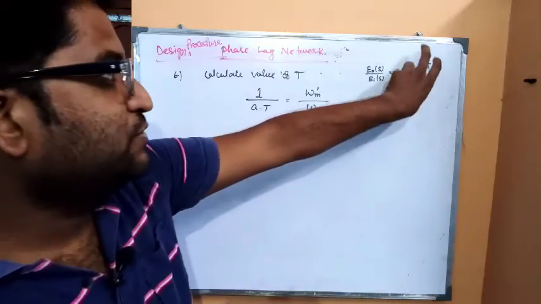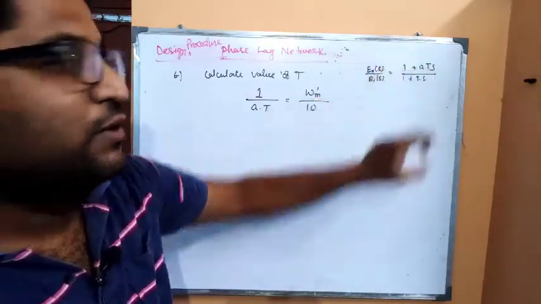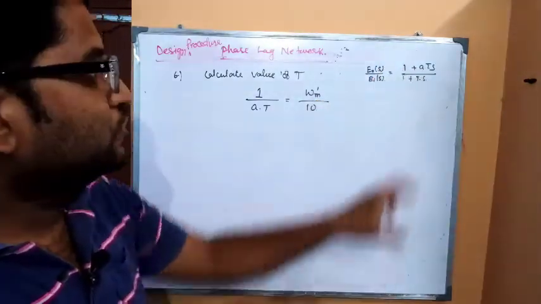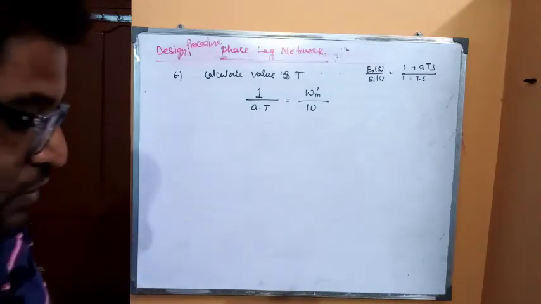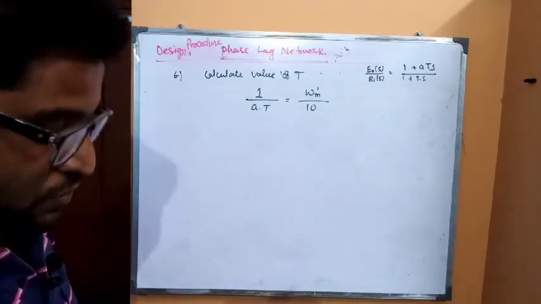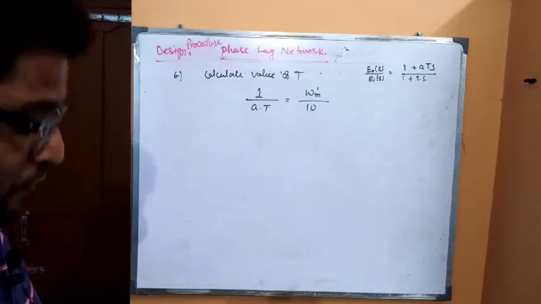If we standardize this transfer function and take 1 by T common, then the upper corner frequency will look like 1 by a T.